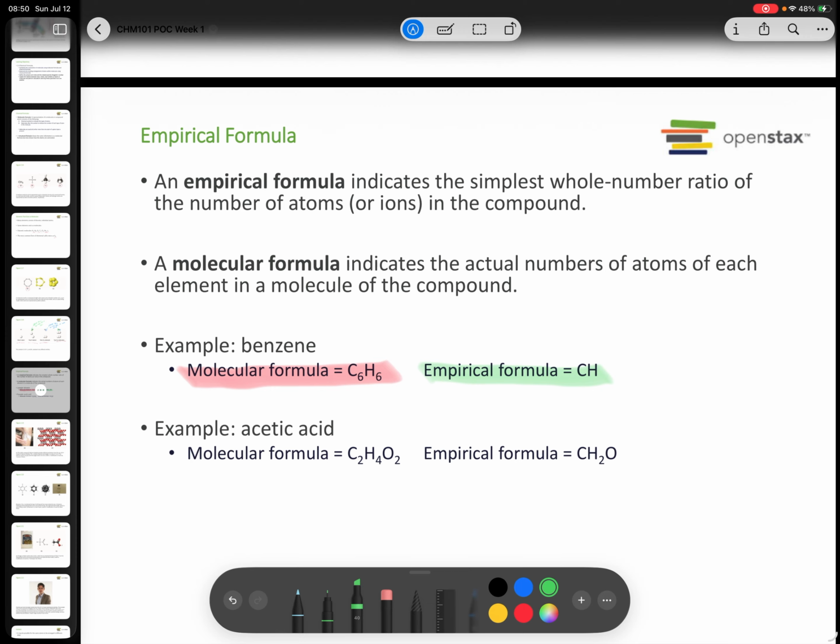So, this simplifies the 6:6 ratio of carbon to hydrogen to just 1:1. Another example is acetic acid, which has a molecular formula of C2H4O2.